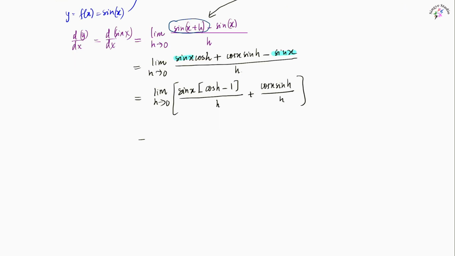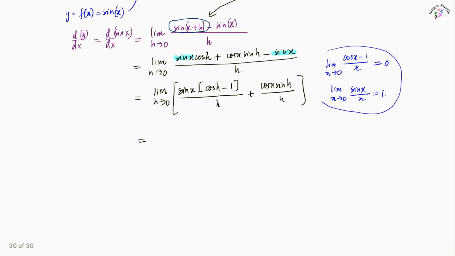Now, as I have already proved in the earlier video, there are two important limit results: the limit of cosine x minus 1 divided by x when x approaches 0 is 0, and the limit when x approaches 0 of sine of x upon x equals 1. So by using this, we will evaluate this limit.